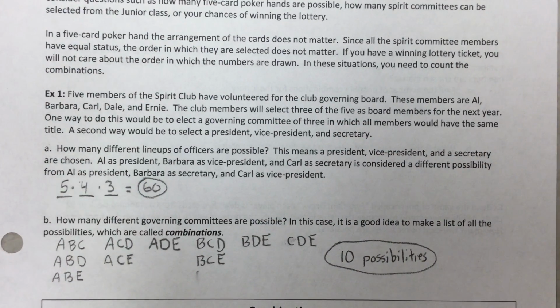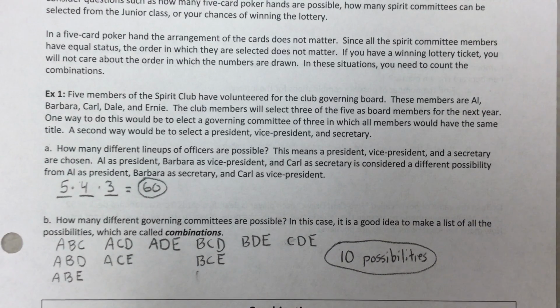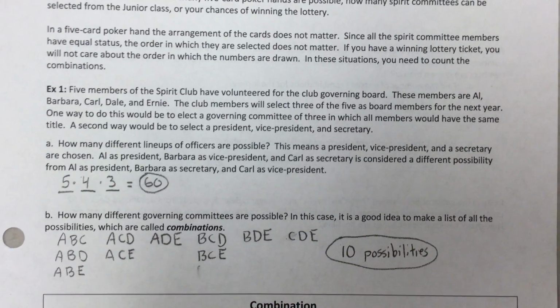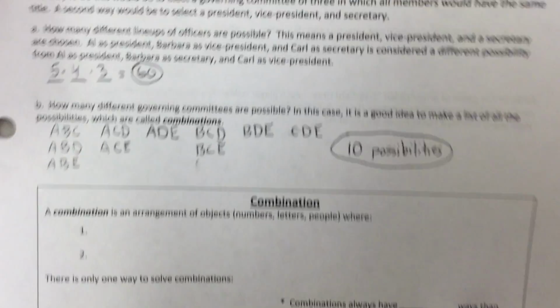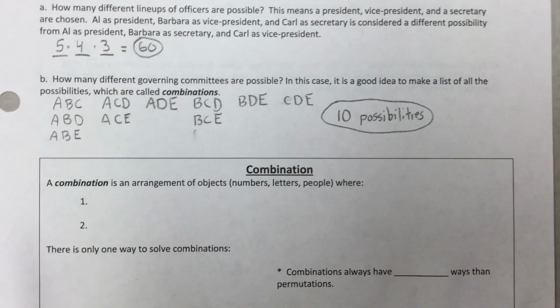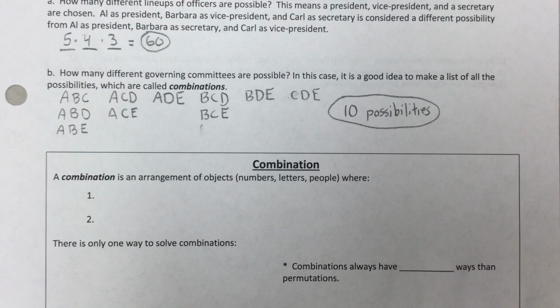So you can see that when we had president, vice president, secretary, that is definitely going to give you more than just the groups of people where the order didn't matter. When order matters, you're going to get more. And when the order doesn't matter, such as this grouping, it's called a combination. A combination is an arrangement of objects, again numbers, letters, or people.